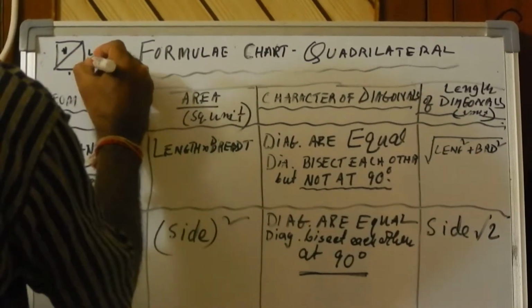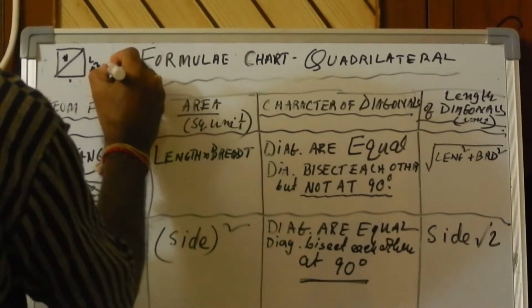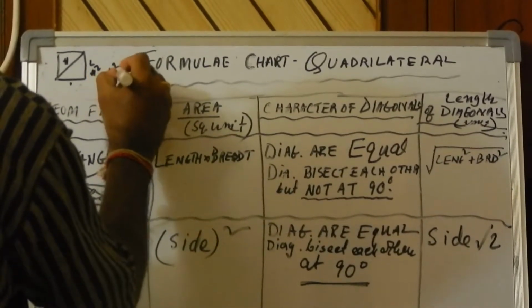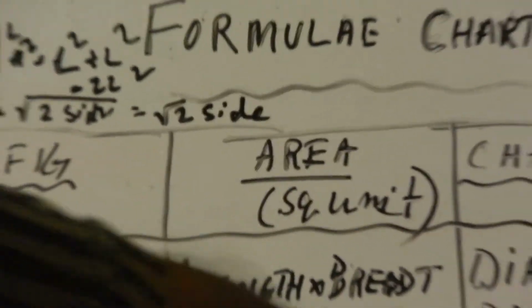So hypotenuse square equals length square plus length square, so 2L square or 2 side square. So the hypotenuse equals root of 2 side square, you can write it as root 2 side. So side root 2.